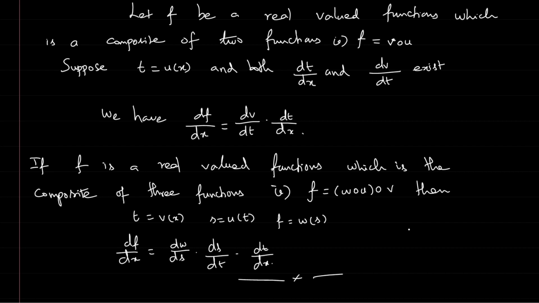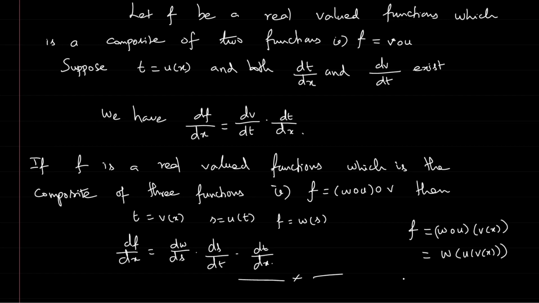Now if you write this function, we can write this as f is equal to w composite u of v of x. Now it is equal to w of u of v of x.